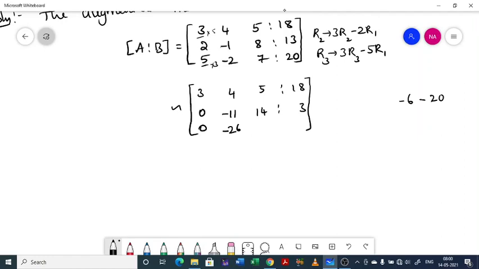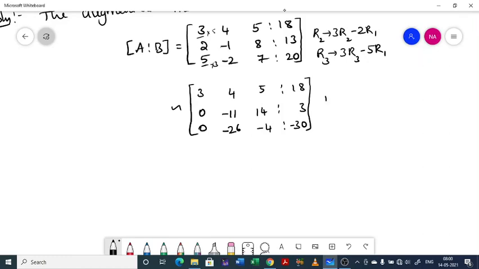Now 7 into 3, that is 21, minus 5 into 5, minus 25, so it is minus 4. 20 into 3, that is 60, minus 5 into 18, 90, so it will be minus 30. So you should be very careful while applying operations.